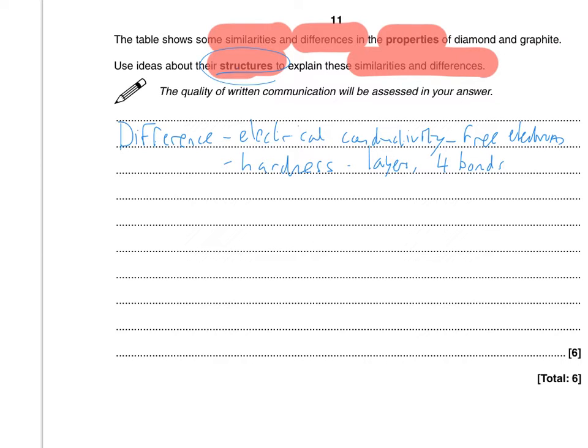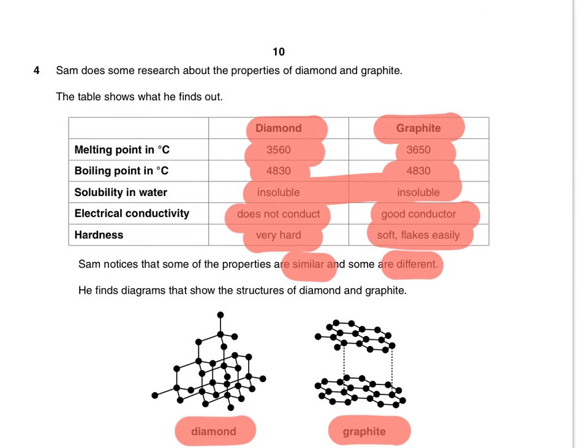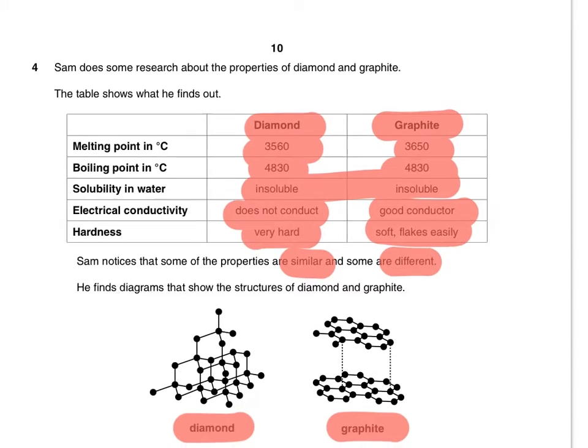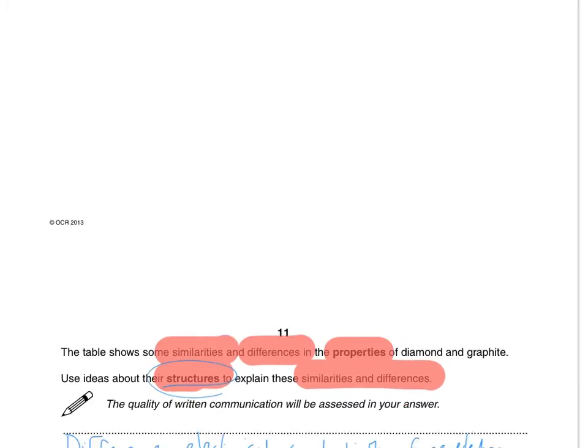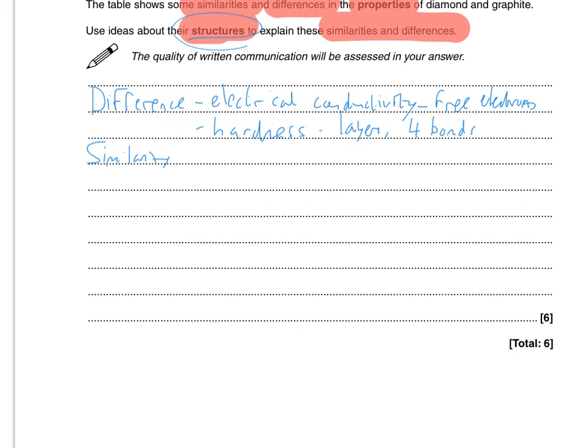And then we might talk about a similarity. So if we go back up, well, we could choose melting point or boiling point or solubility. I think maybe melting point and boiling point, both very high.